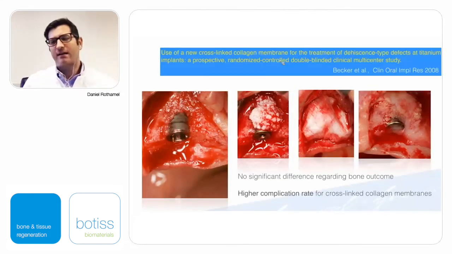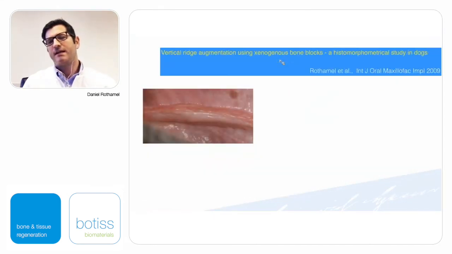Leading to the effect that in a clinical study, there was a higher complication rate for the cross-linked collagen membrane, and interestingly, not even a better outcome regarding the bone formation. So we can say that chemical cross-linking is leading to a more compromised tissue healing.